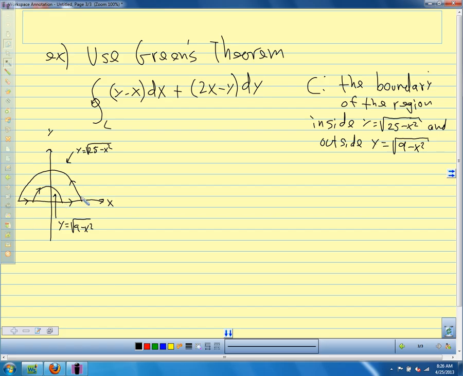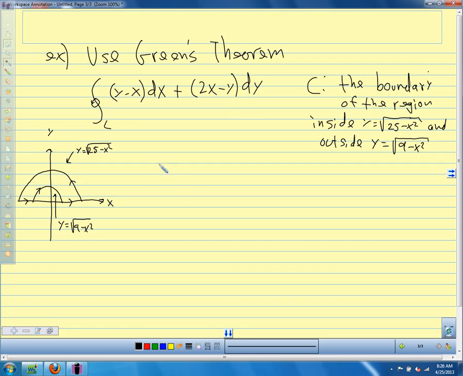We'd have to figure out all those boundaries with this 25 minus x squared and 9 minus x squared, and parameterize those curves, and we have this y minus x, 2x minus y. We have a set of complicated line integrals. But we have a line integral around a closed curve, so let's use Green's theorem.